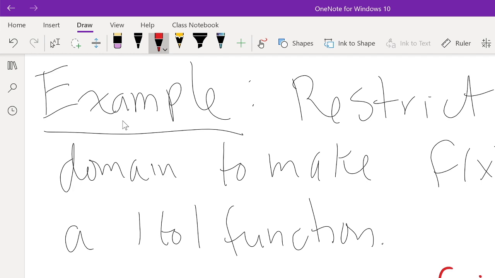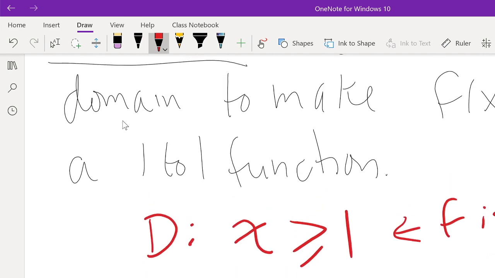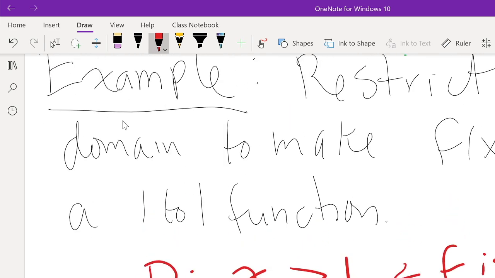Okay, so now we know what needs to happen for it to have an inverse.